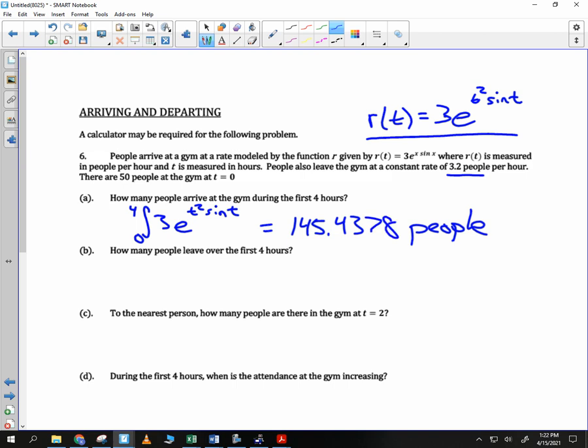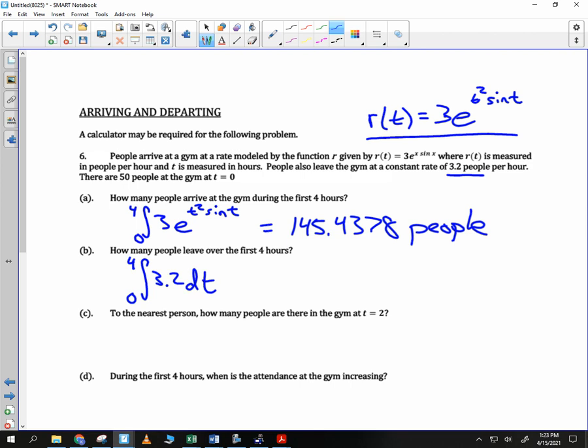Now, how many people leave during the first 4 hours? How do you get that? There's 3.2 people leaving per hour. So if there's 4 hours, we multiply that by 4, right? Watch how this works as an integral. The integral of the rate, which is 3.2 from 0 to 4 dt.